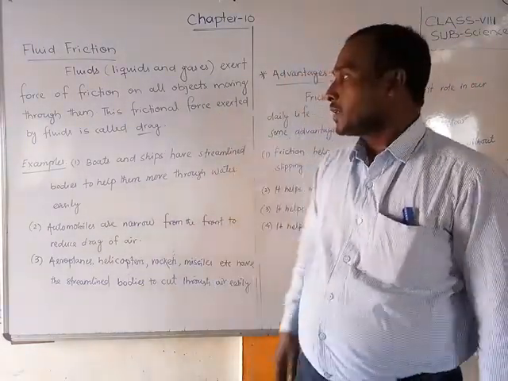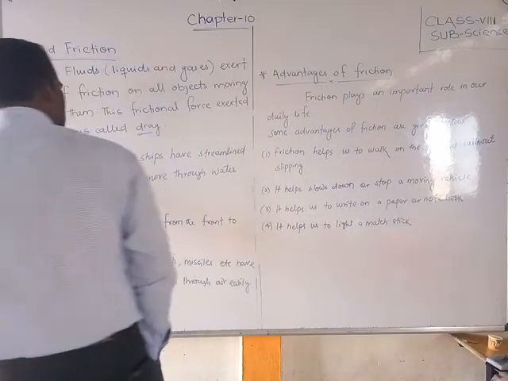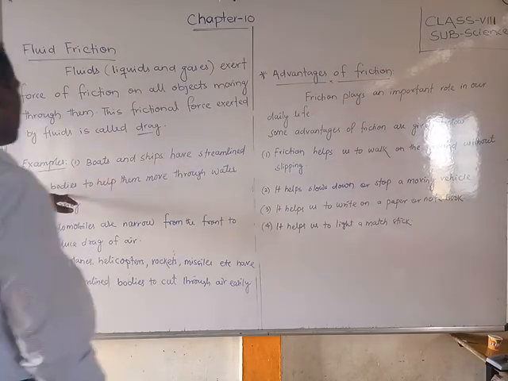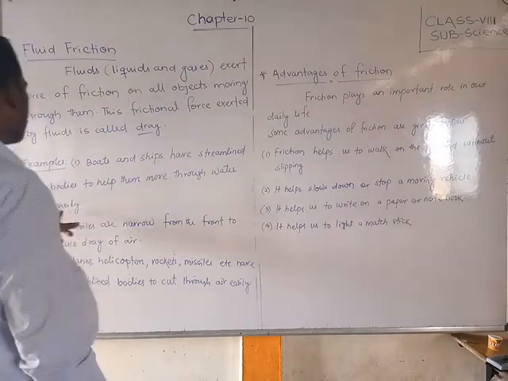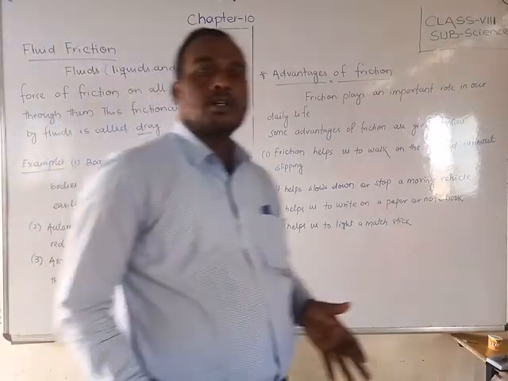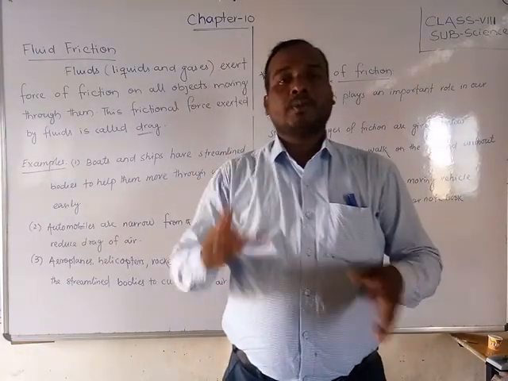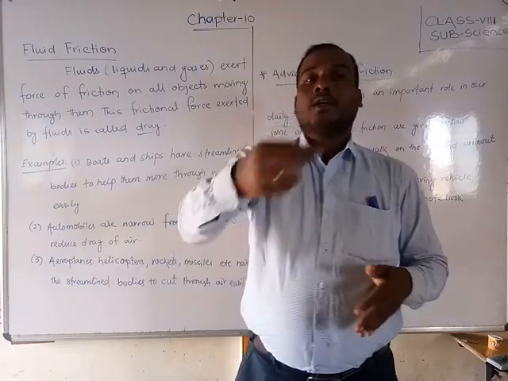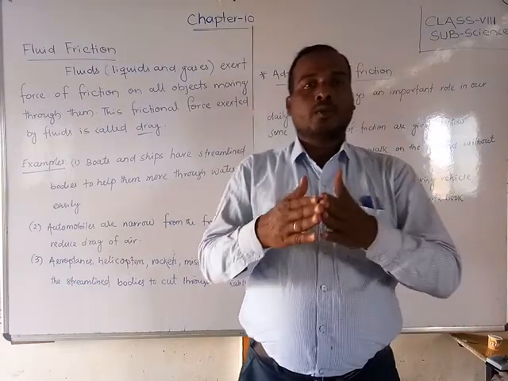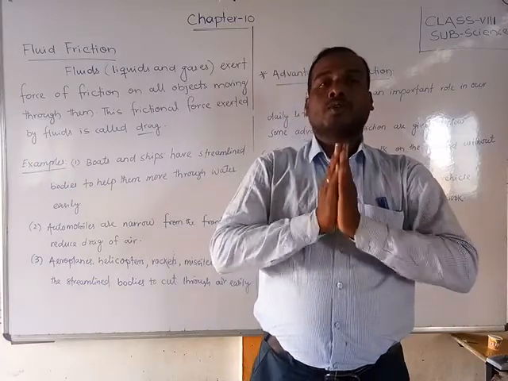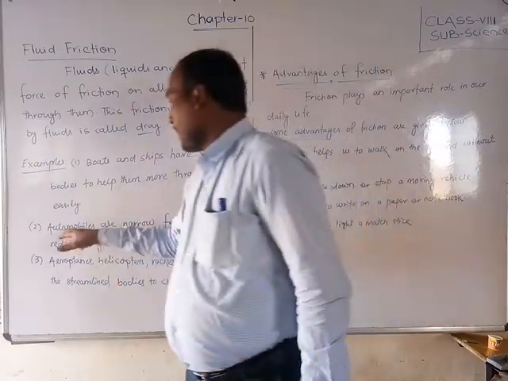See students, I have written some examples of how fluid friction works. Boats and ships have streamlined bodies to help them move through the water easily. You have seen that boats and ships have a streamlined shape like a fish, because the front side is very narrow, so they can travel easily.